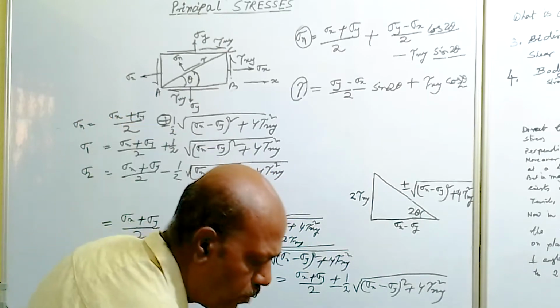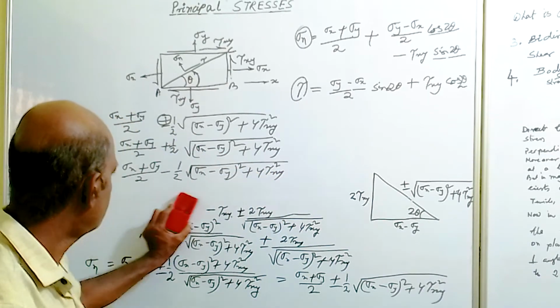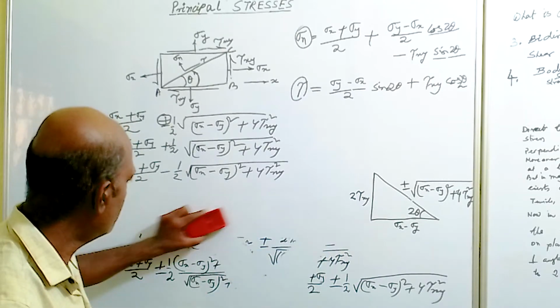So we have got two values of sigma, that is normal stress. So we have got two normal stresses.